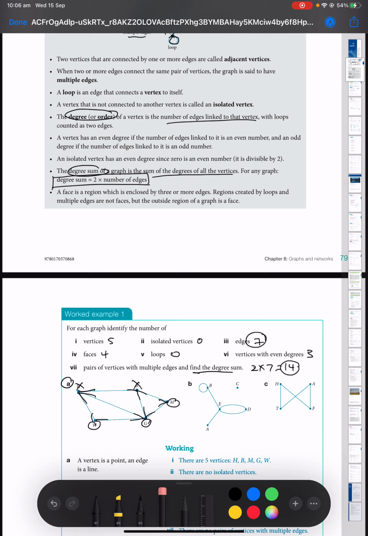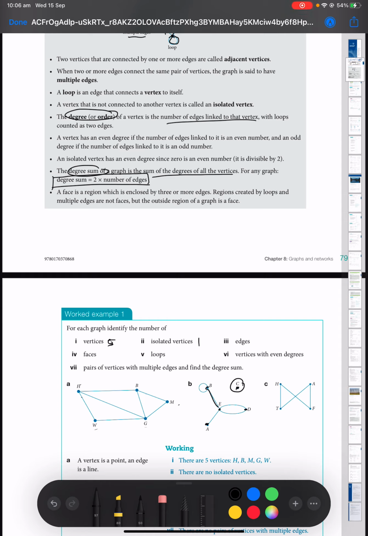So if I just get rid of all of our working out that we've just done, let's have a look at the next one. So looking at part B, there are 1, 2, 3, 4, 5 vertices. There is 1 isolated vertex.